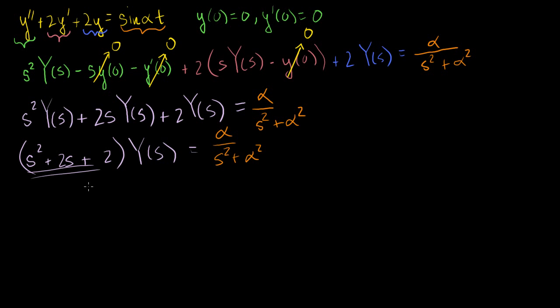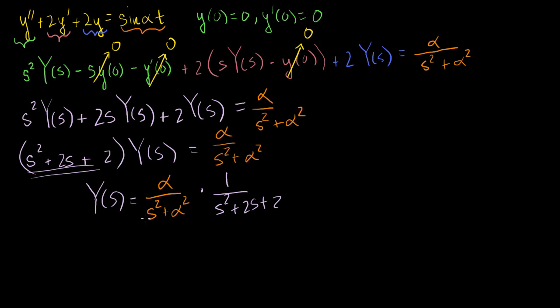And we get Y of s is equal to alpha over s squared plus alpha squared, times 1 over s squared plus 2s plus 2.